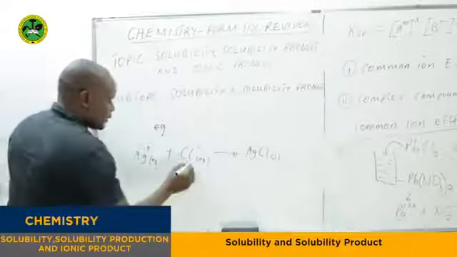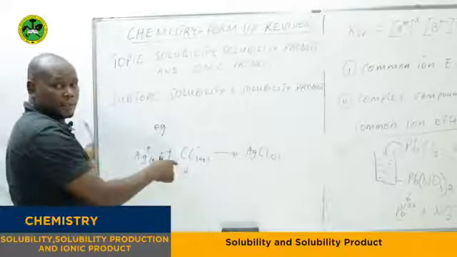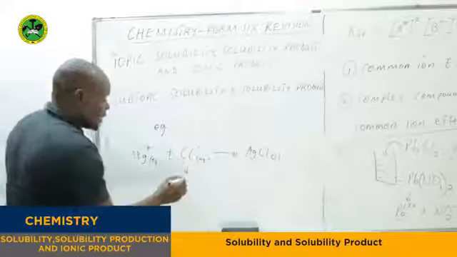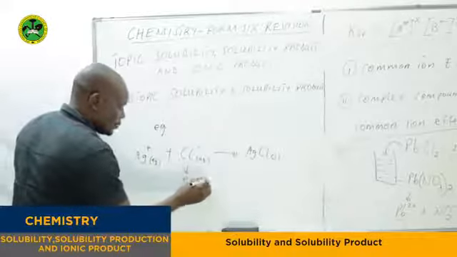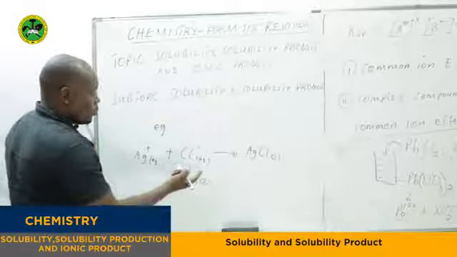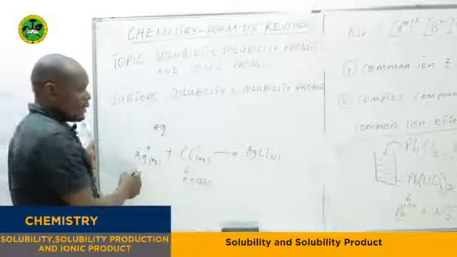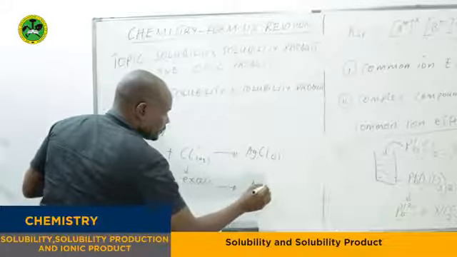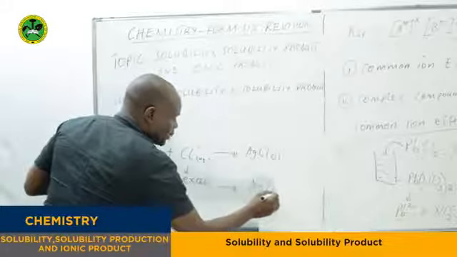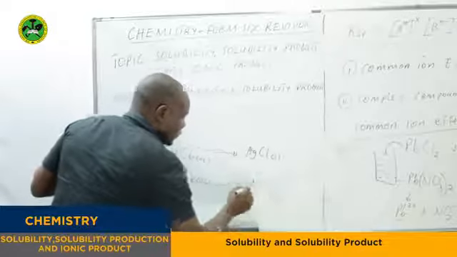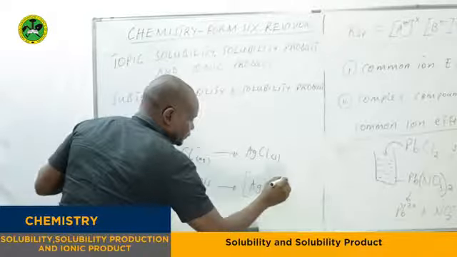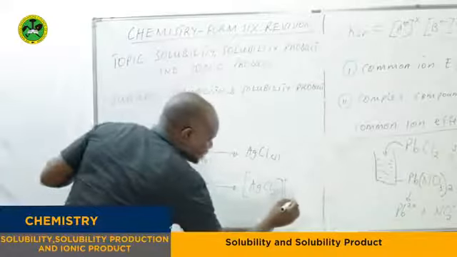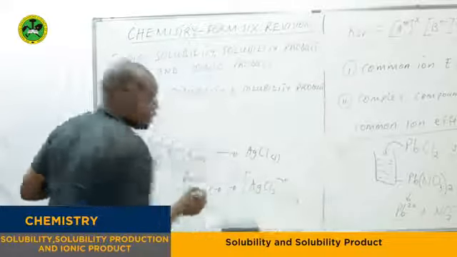But if chloride ions are in excess, the excess chloride ions will combine with silver and form a complex compound, the dichloroargentate(I) ion, which is aqueous.